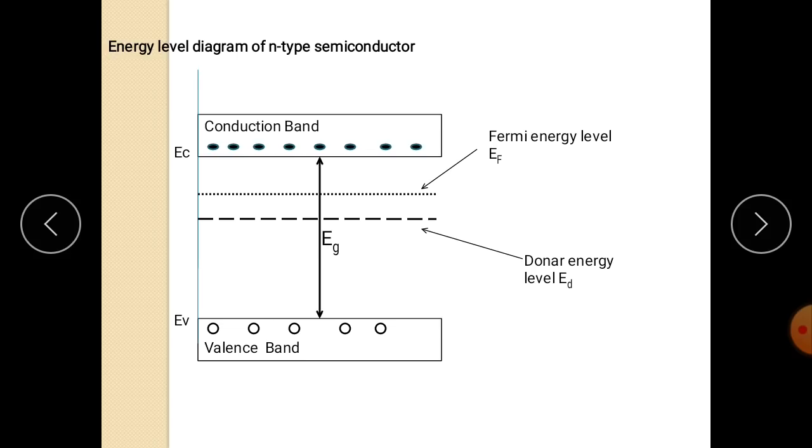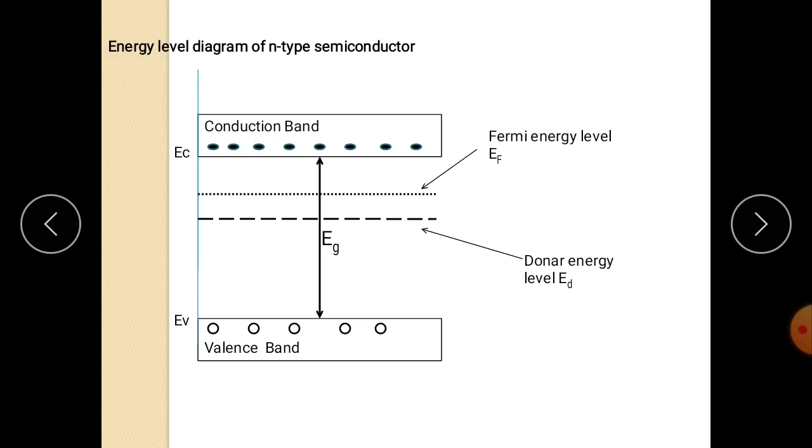Also there is a donor energy level Ed shown as the dotted line. This donor energy level Ed shows the donor capacity, meaning there are donor electrons. The maximum number of donor electrons are available in the N type of semiconductors.